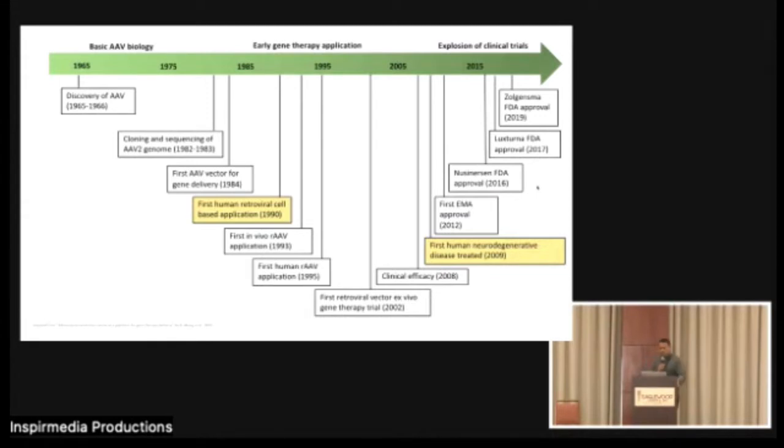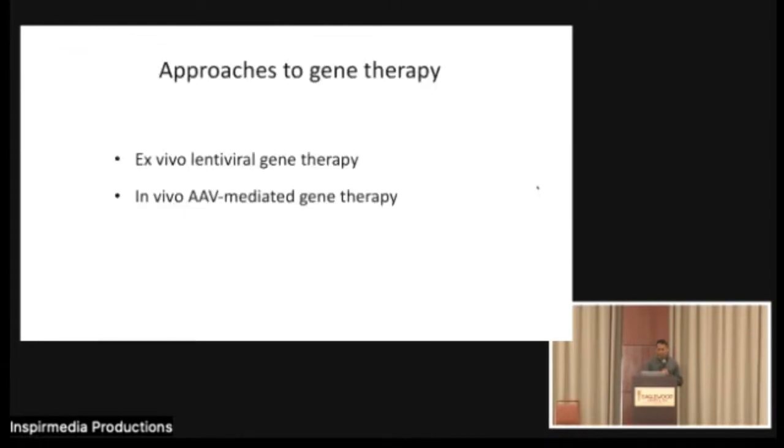And so while it seems like a lot of things are happening right now, they've been decades in the making. And just to give you that sense that there's been a lot of basic science discovery over the years that have led us to where we are today. So I will be using some words here that might be new and unfamiliar to you, but just keep note of those and ask me afterwards.